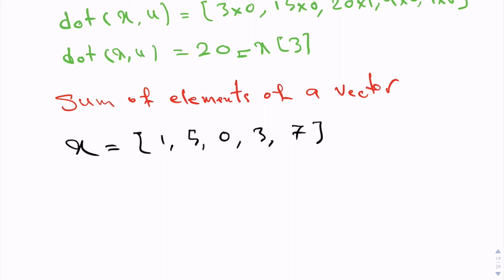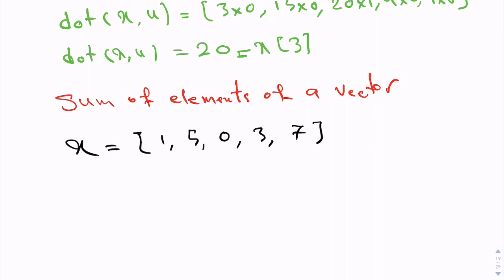Perhaps if you don't know how to do it using the inner product or dot product, you run a loop, and in this loop you sum up the elements. But as I said, in data science, and in particular when you're developing algorithms, forget about loops.